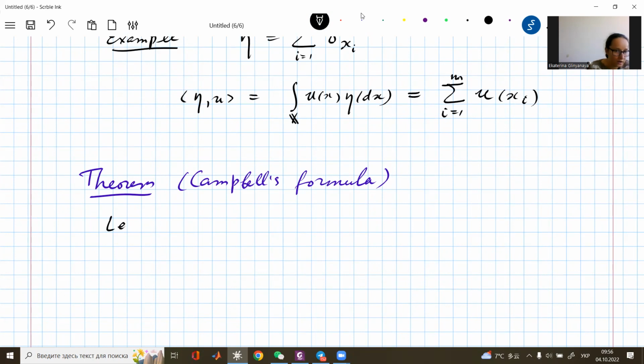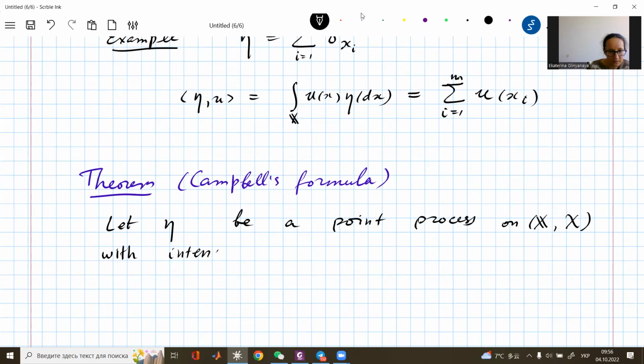So let eta be a point process on space X with intensity measure lambda.